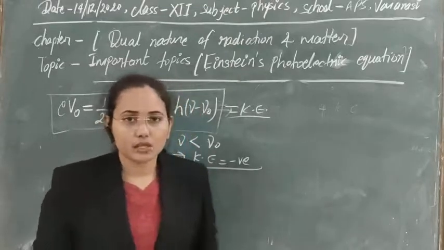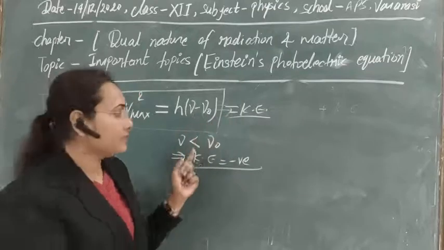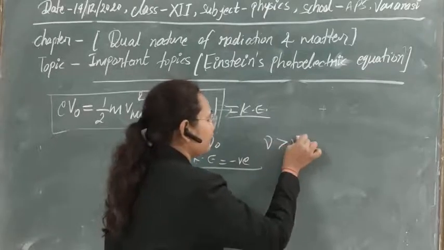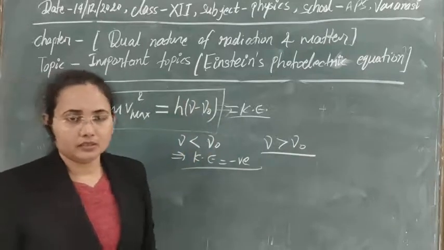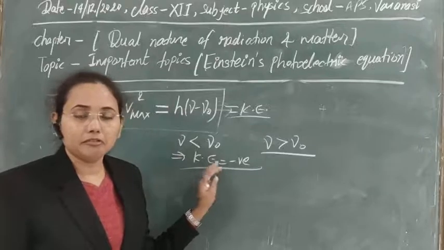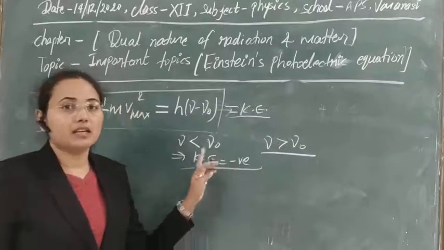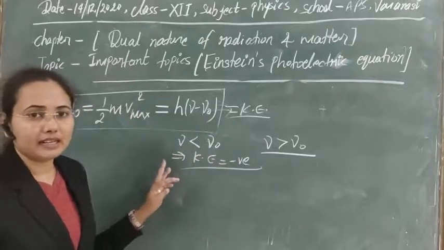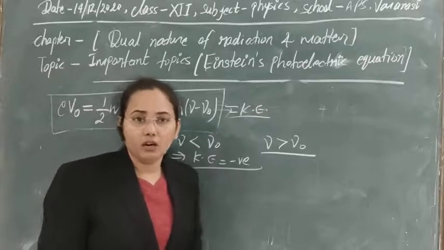But it is more suitable to use a frequency greater than this threshold frequency, and then we easily get the photoelectric effect. So the concept is that a minimum frequency is required for photoelectric emission, otherwise no electron can eject from the metallic surface, so no photoelectric effect will be obtained.